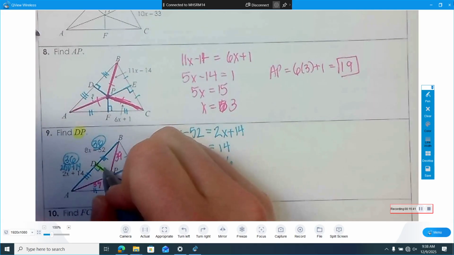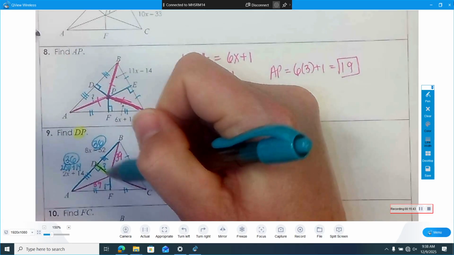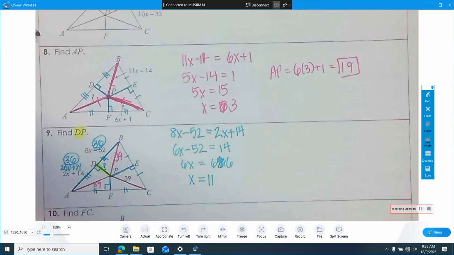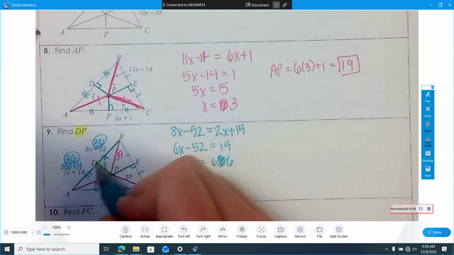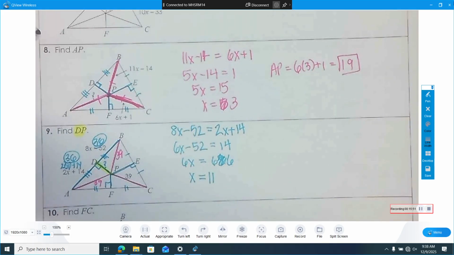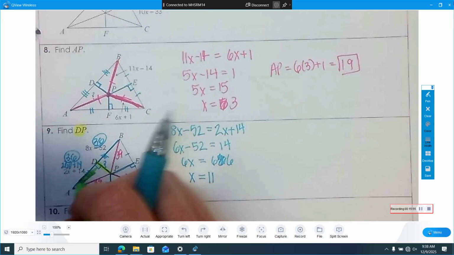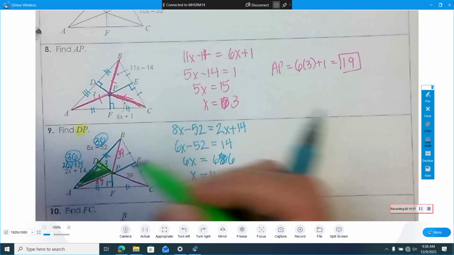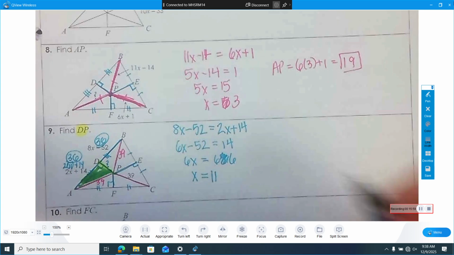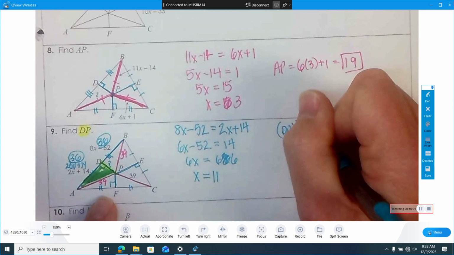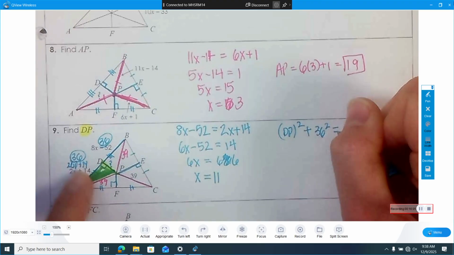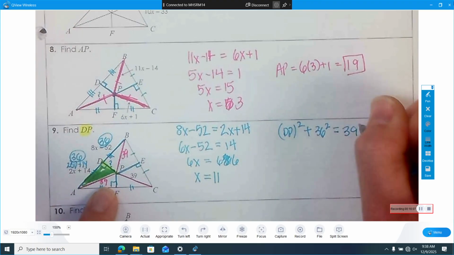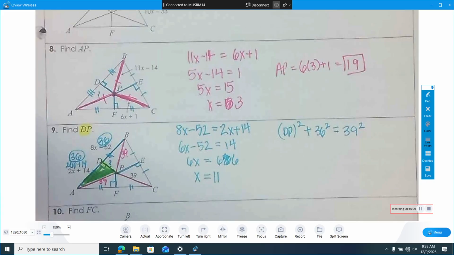We're trying to figure out this side right here, DP. Do you see a triangle? Yeah. We have the right triangle right here. Maybe I'll highlight it in green. Right there. There's our little right triangle. And so we can say DP squared plus 36 squared equals our hypotenuse, 39 squared.